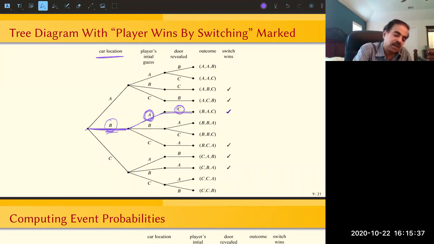Similarly, you can go through another case like this.